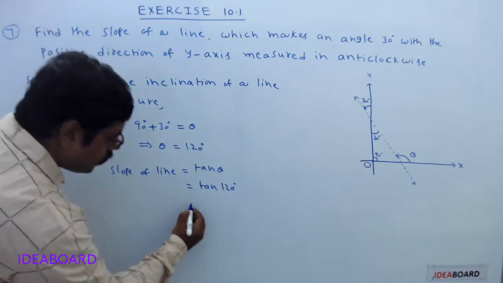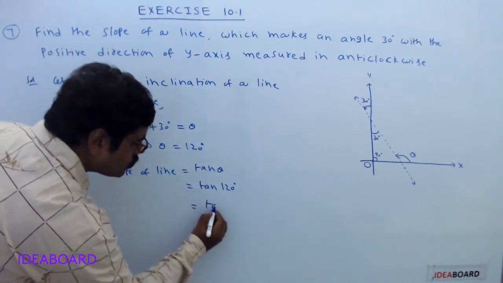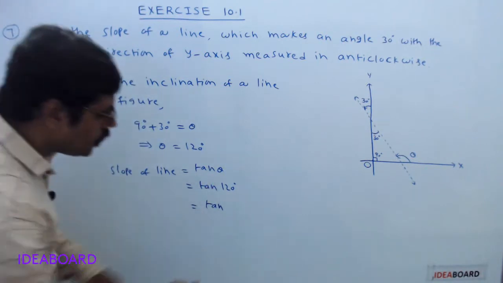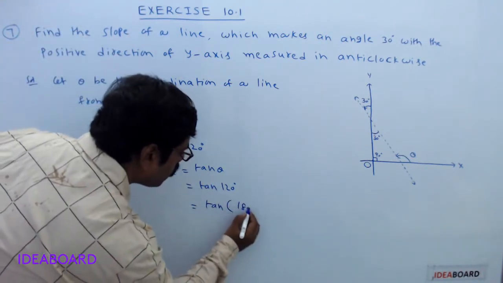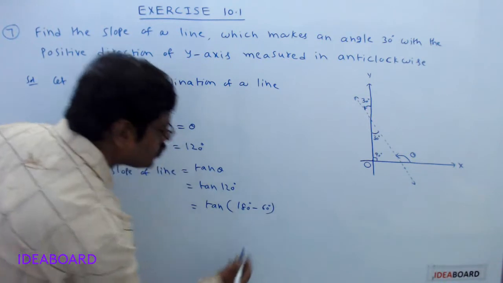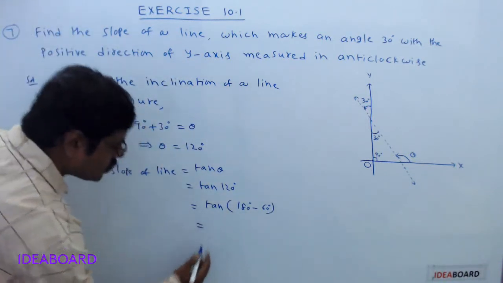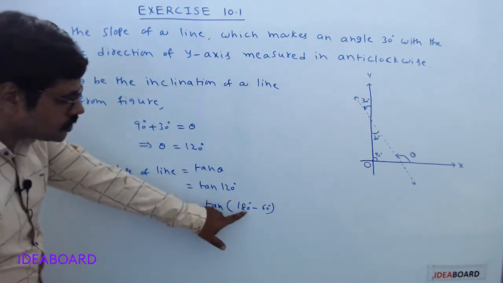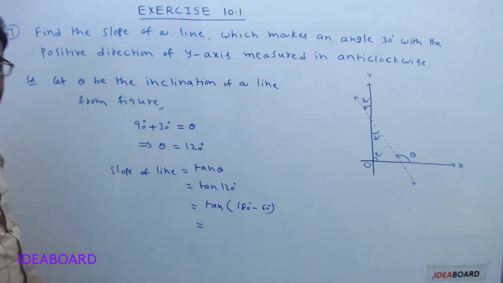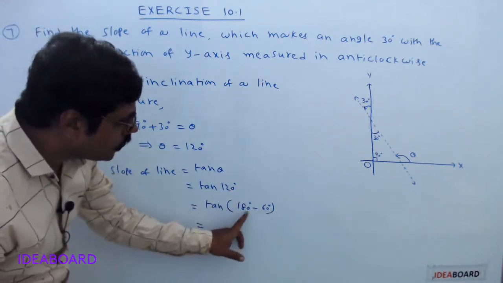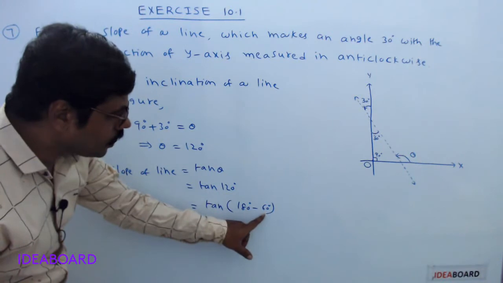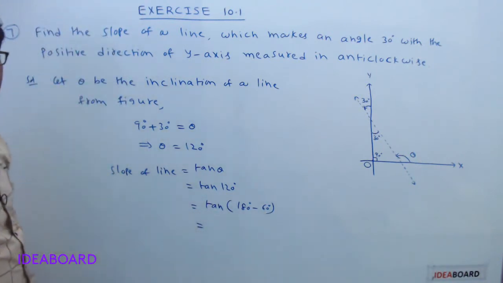Now what is the value of tan 120 degrees? So tan of this 120 degrees can also be taken as 180 minus 60. Now for 180 degrees, tan function does not change. Now this is 180 minus theta form. 180 minus theta is related to second quadrant.